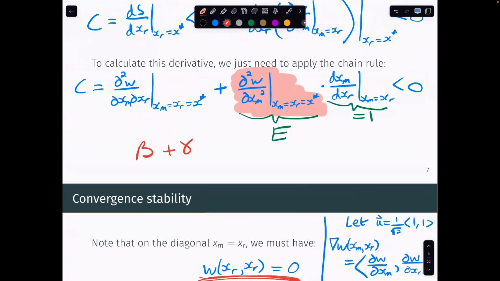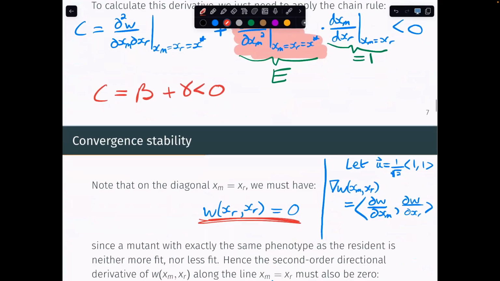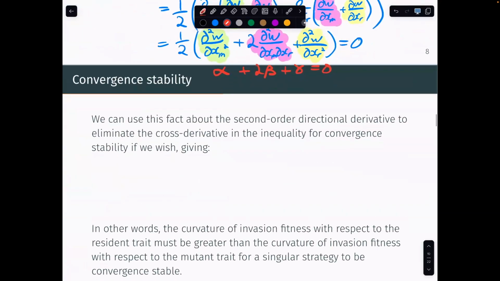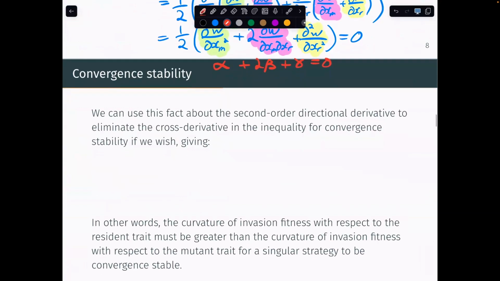From up here, we have beta plus gamma must be less than 0 for us to be convergent stable. That means we can eliminate our cross derivative now.